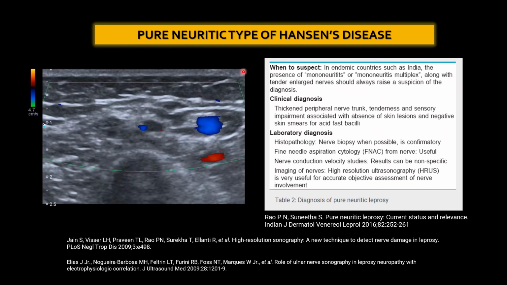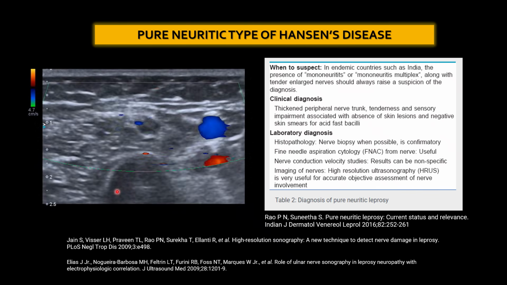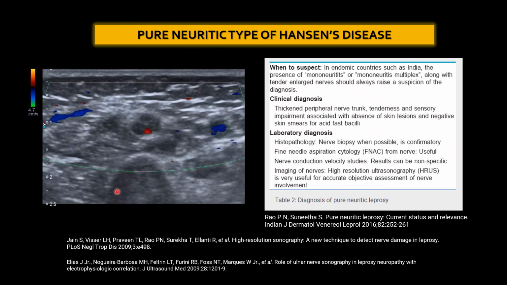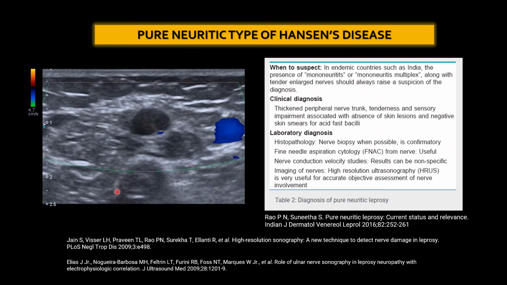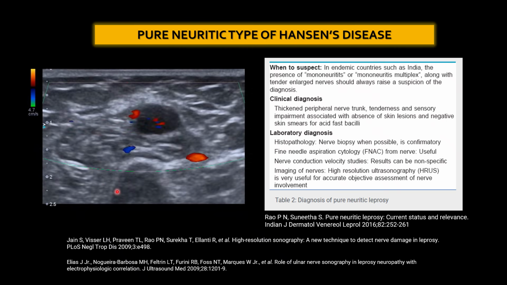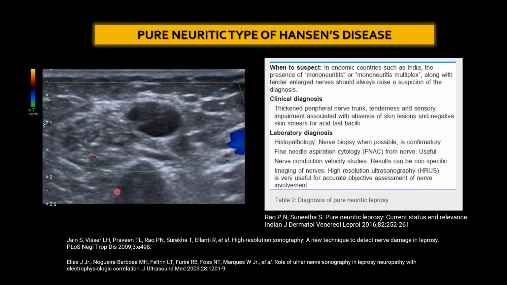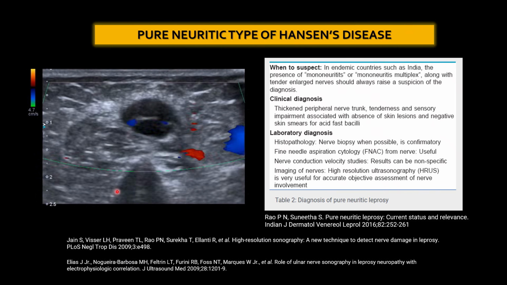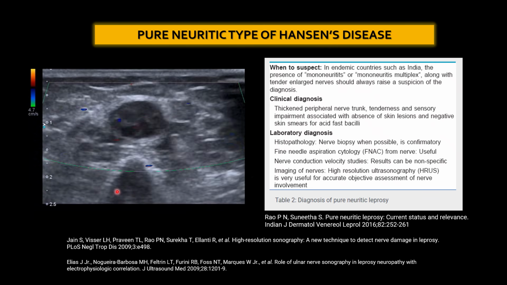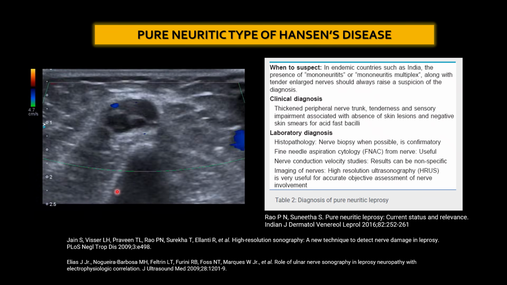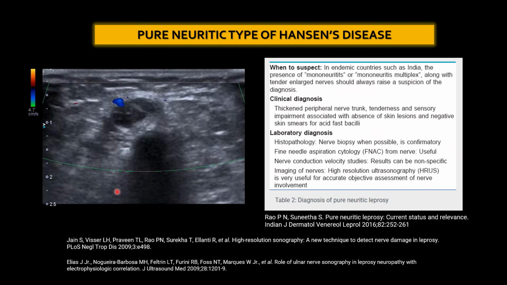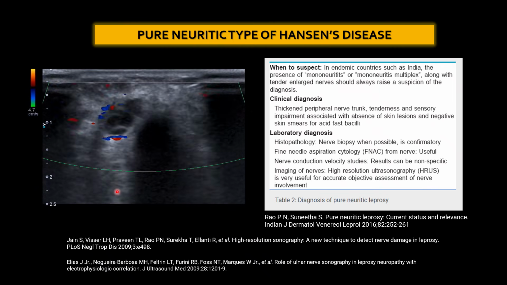In such scenario, high resolution ultrasound with its ability to exquisitely demonstrate the intraneural architectural changes is an incredible tool for accurate objective assessment of the nerve involvement. It can demonstrate presence of intraneural necrotic areas, intraneural abscesses, as well as increased intraneural vascularity, all of which are considered the hallmark for Hansen's neuropathy.